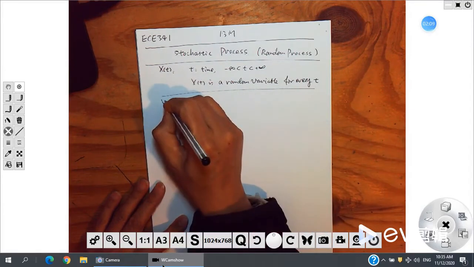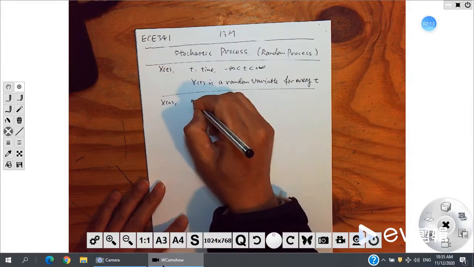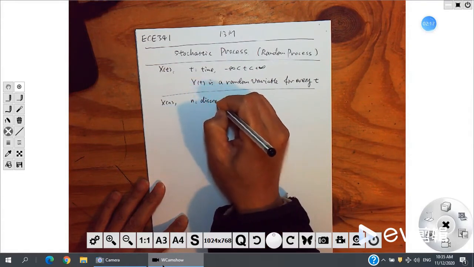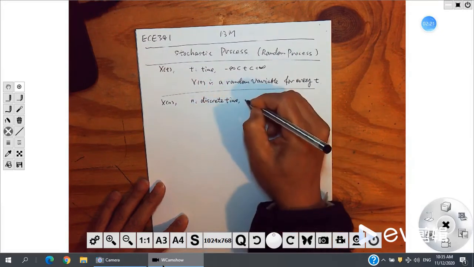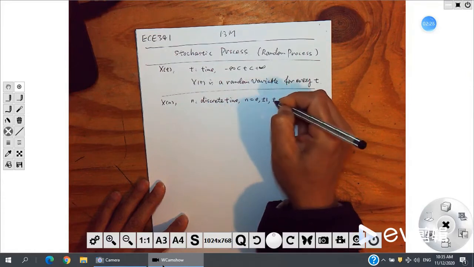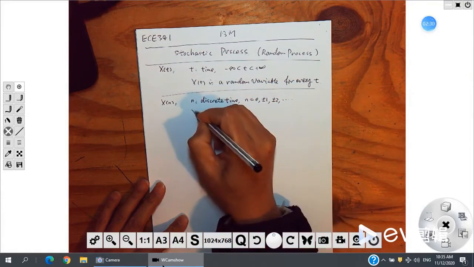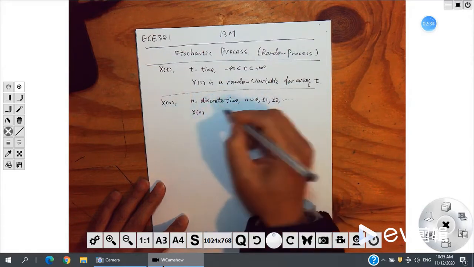Or like x of n. Now n is also a time, but this is a discrete time. N must be integers: 0, positive and negative 1, positive and negative 2, and so on. And of course, it's a random thing. If they are fixed numbers, they are not a random process.